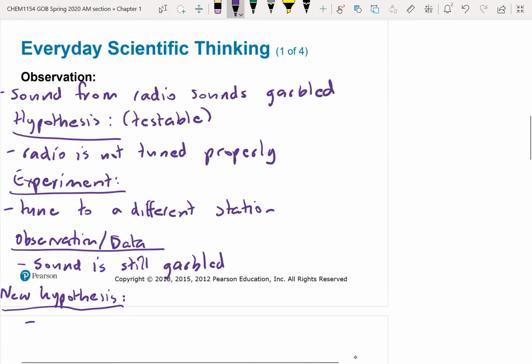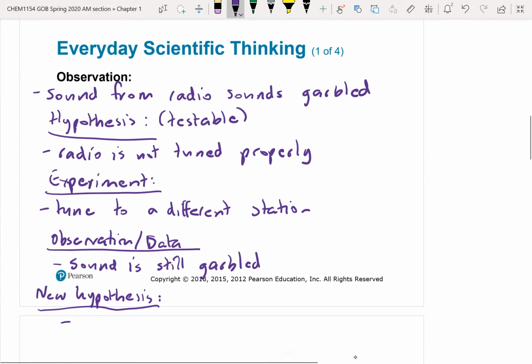All right. So my point here is the scientific process, right, is not something that scientists only do. You do it all the time. Maybe not every single day, but you do it frequently enough just by doing things logically, right?